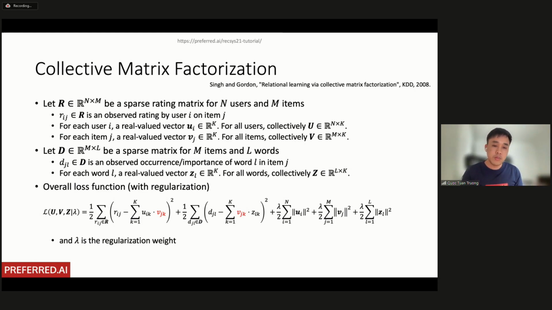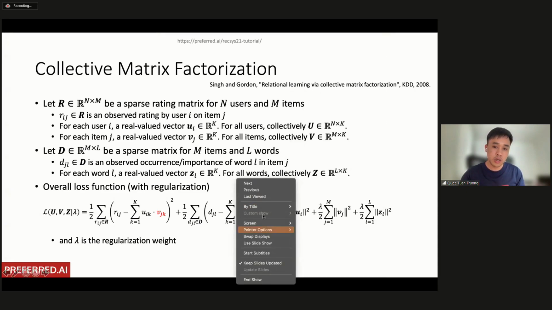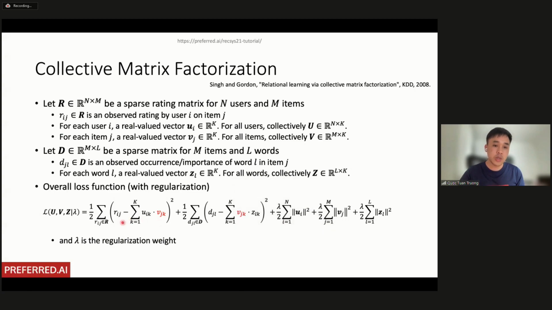So the idea here is that we try to factorize the two matrices at the same time. If you take a look at the loss function, the first term, if I put the pointer here, is the estimation error of the rating values, right? So basically this is the standard matrix factorization term.